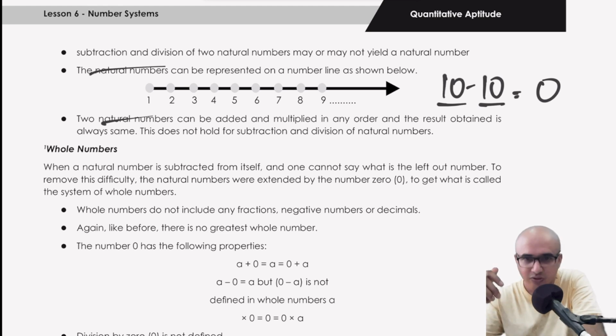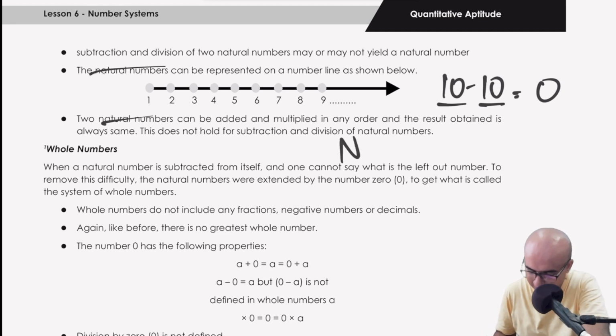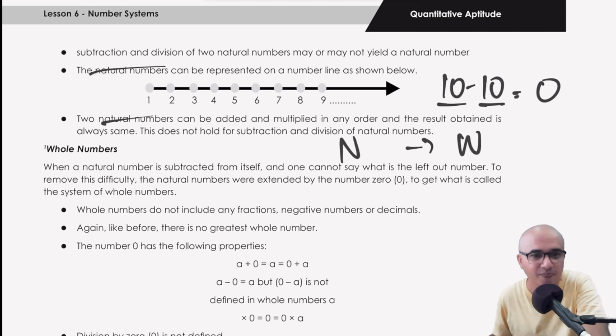Okay. So this extension of 0 resulted in a new system called whole numbers. So that means whole numbers include all the natural numbers along with 0. And natural numbers are denoted by N, whereas the whole numbers are denoted by W. That's the way it is denoted.